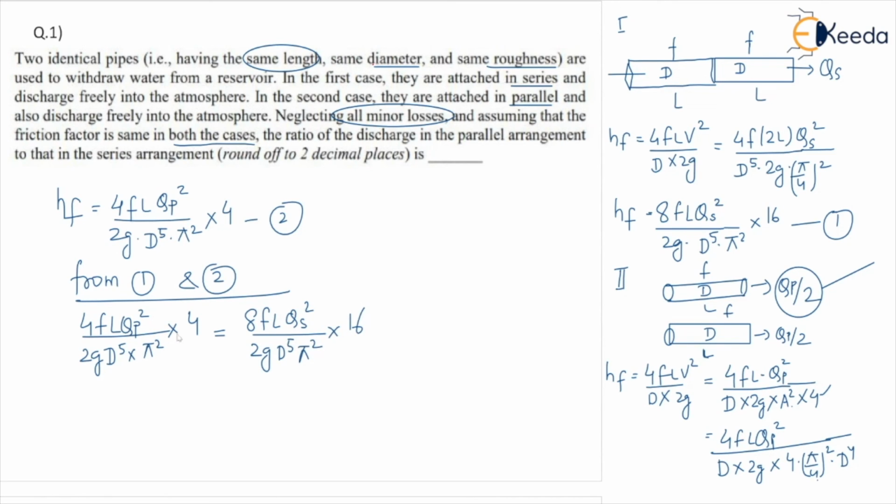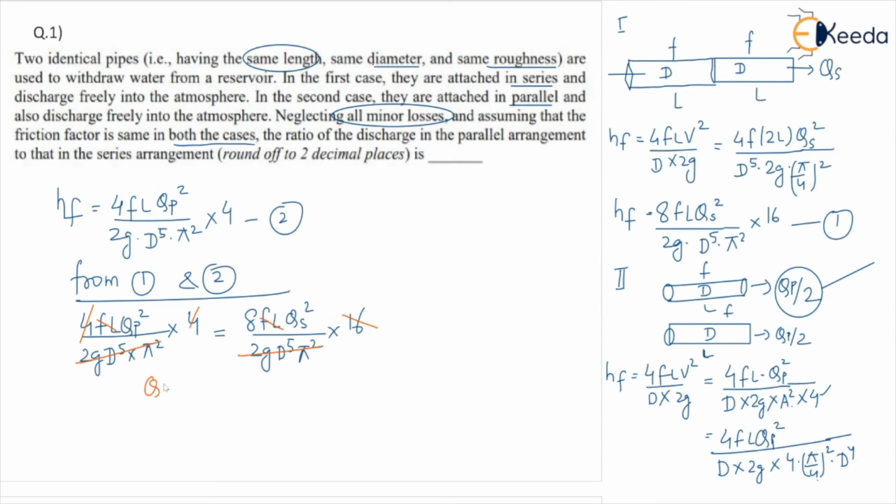Correct. Now you can see what things we can cancel. So 2G D to the power 5, this whole thing we can cancel. And you can also see the 16 and this 16 get cancelled, and FL also gets cancelled.